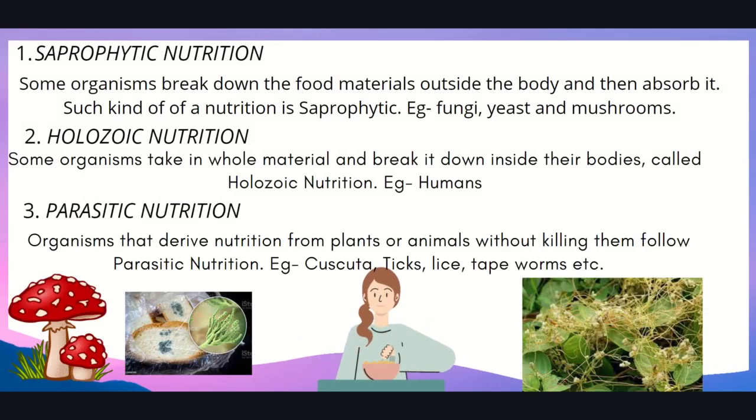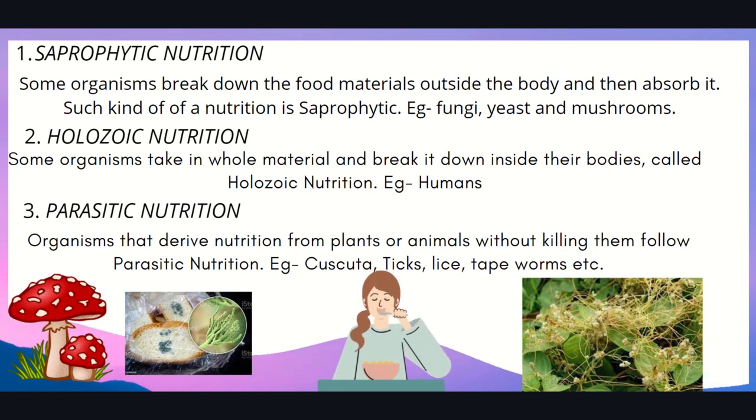The first type of heterotrophic nutrition we have is saprophytic nutrition. In this, organisms break down food materials outside the body and then absorb it. Such a kind of nutrition is called saprophytic nutrition. They basically feed upon dead and decaying matter. Example, fungi, yeast, and mushrooms.